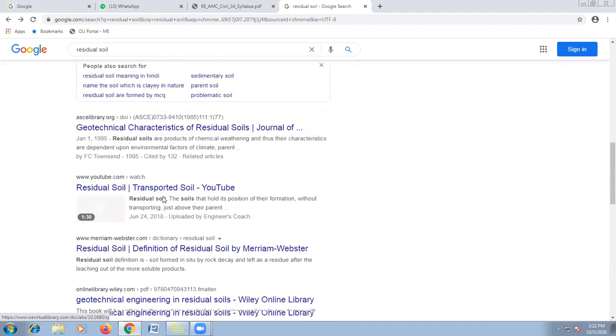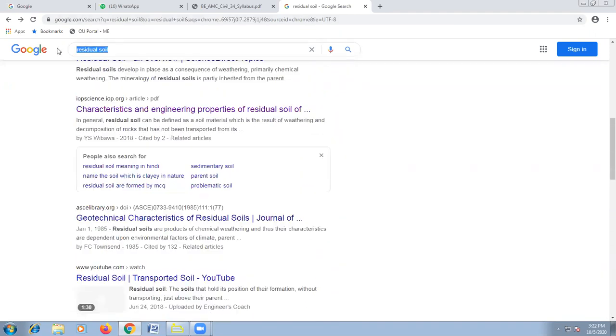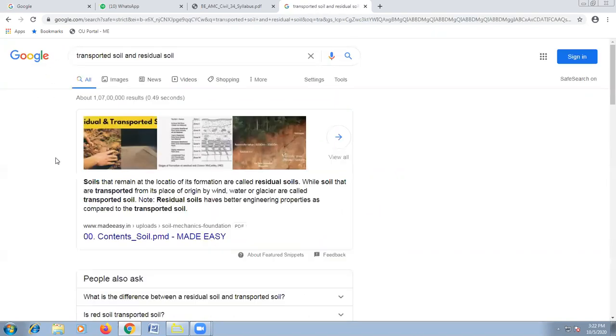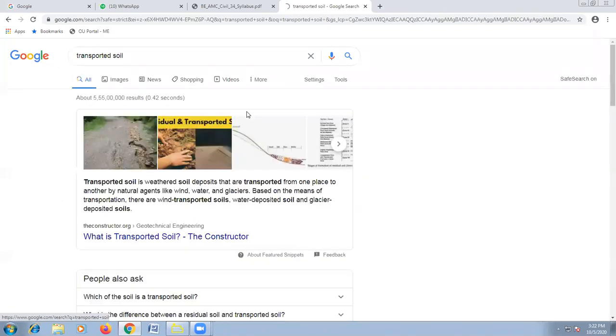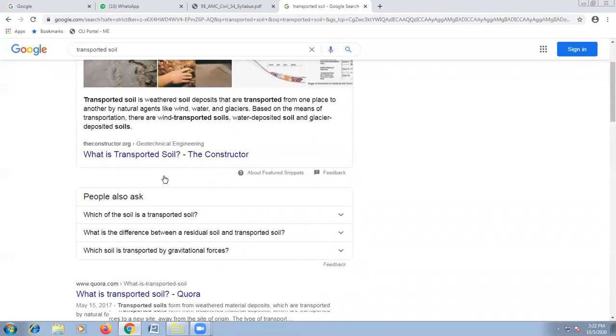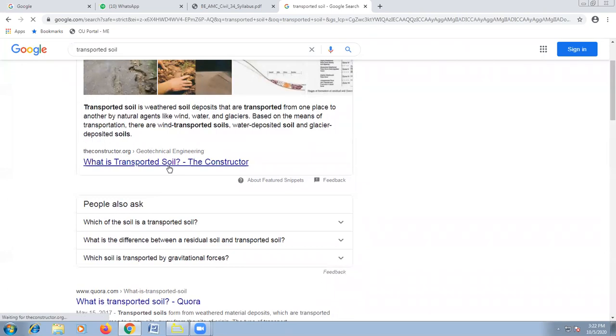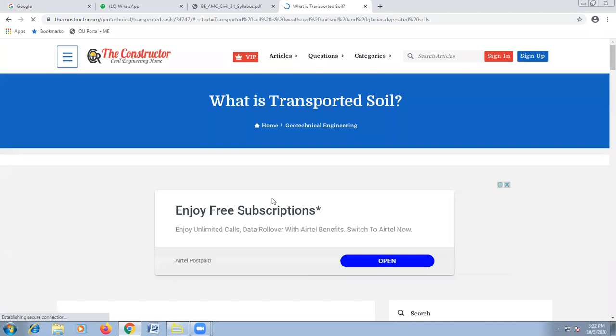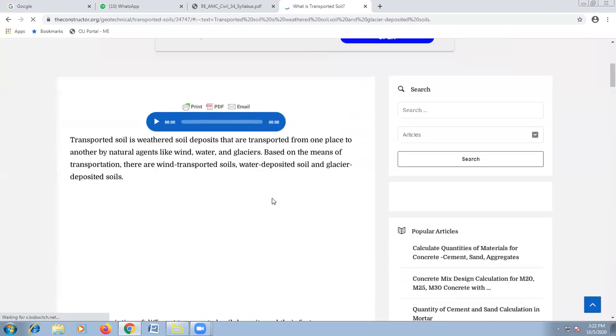Then the second type of soil is known as transported soil. So what is this transported soil? Transported soils are formed when soils of their parent rock get deposited from one place and get mixed up with various types from another place.